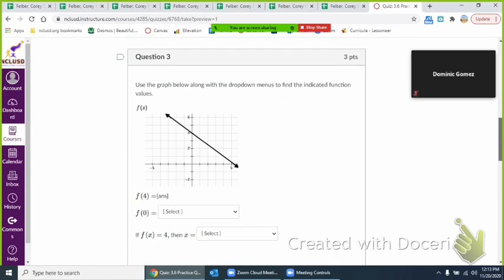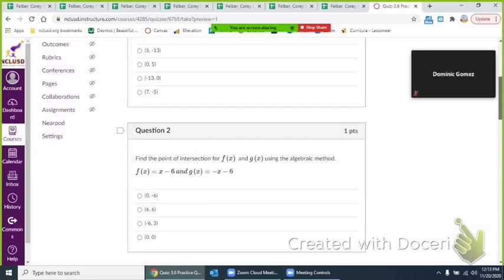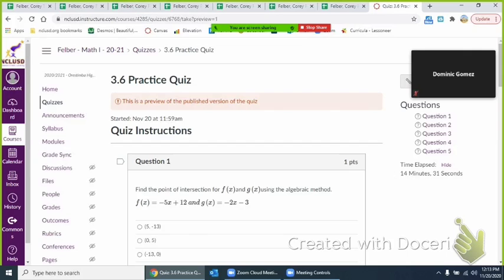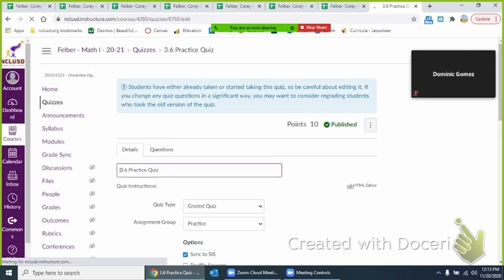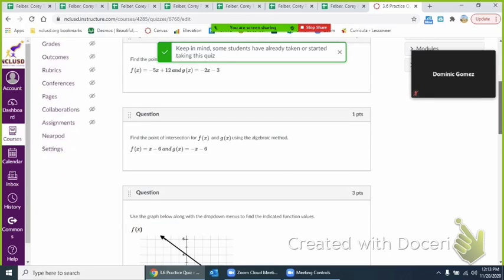All right, number 3. This is the same stuff that we did last time when we talked about plugging into the graph. This first one here says f of 4 equals, and oh shoot, I got to fix that right now because you won't have a drop-down menu. Don't look at the answers.